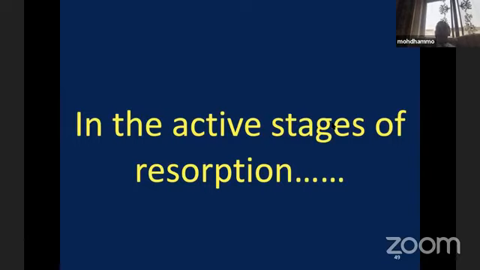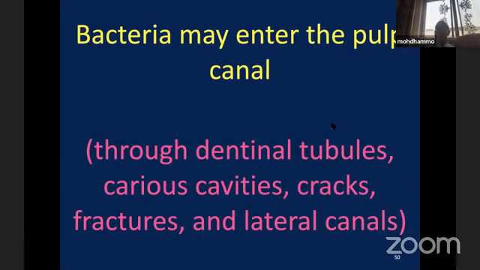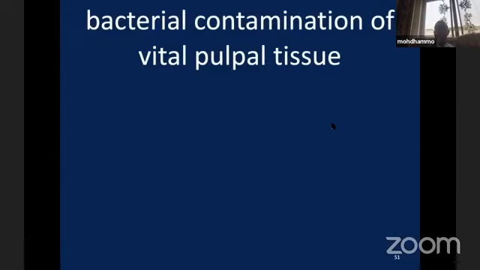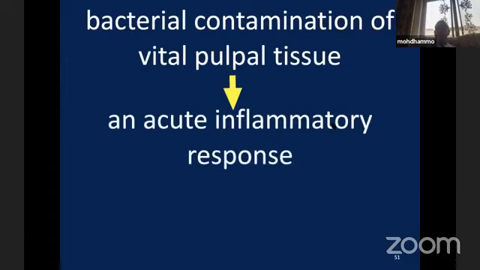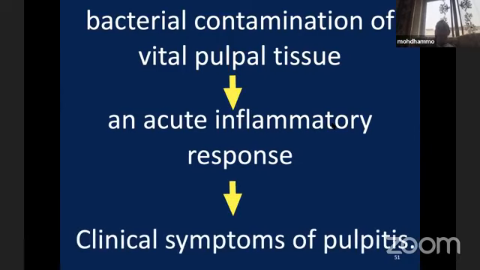In the more advanced, active stage of resorption, bacteria might enter the pulp canal through dentinal tubules, or carious active cavities, or cracks, or fracture, or lateral canals. If bacteria enter, what will happen? It will stimulate the resorption, and the bacterial contamination of the vital pulp will cause acute inflammation of the pulp, and then clinical symptoms of pulpitis will occur.